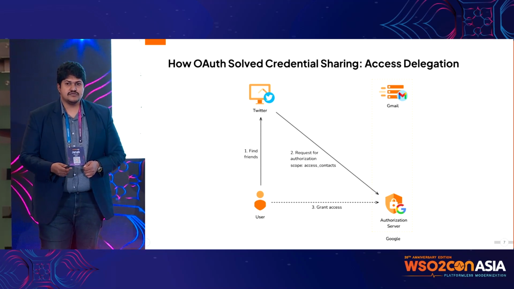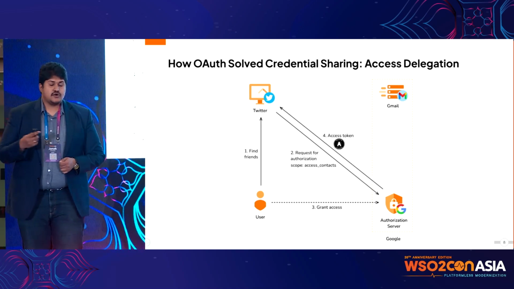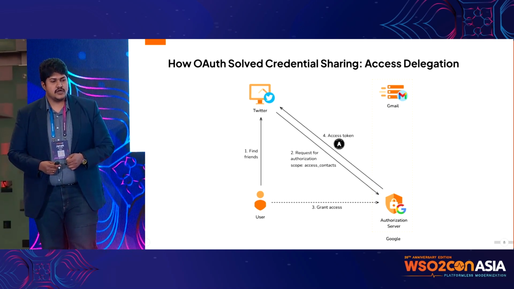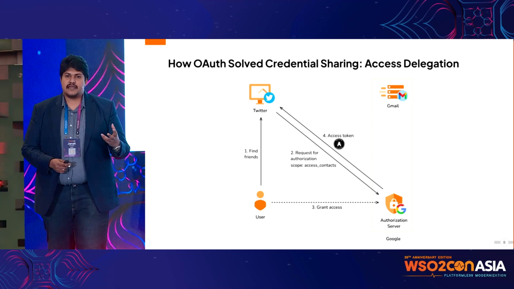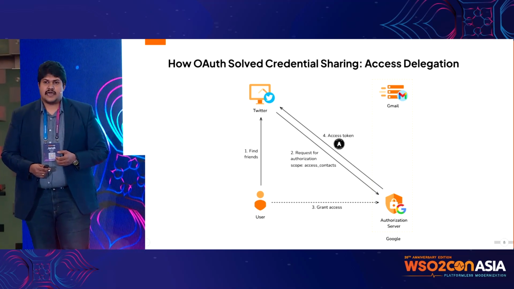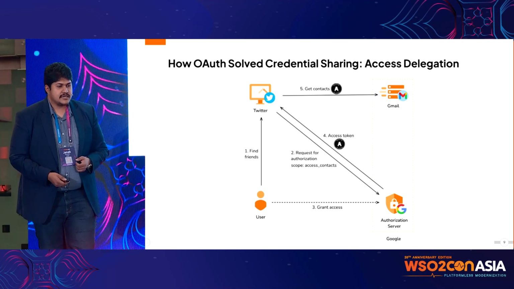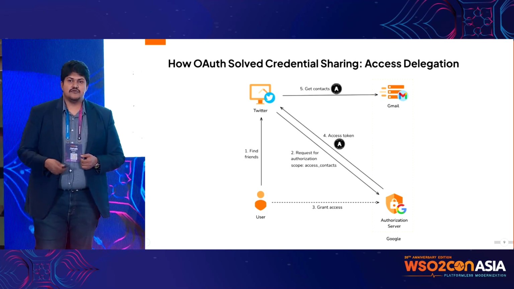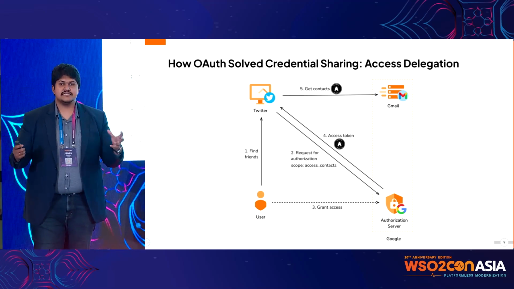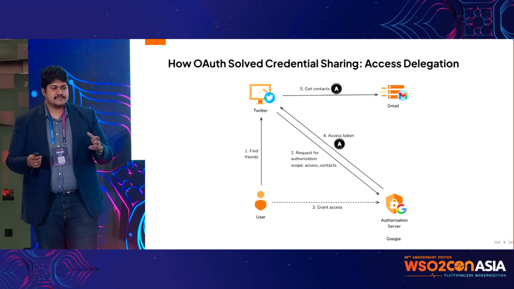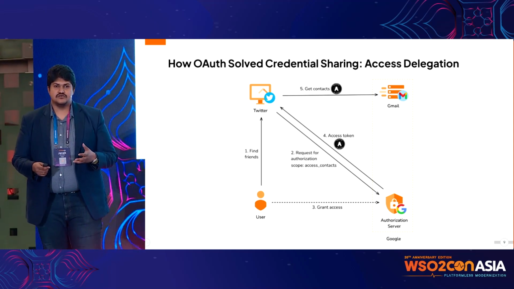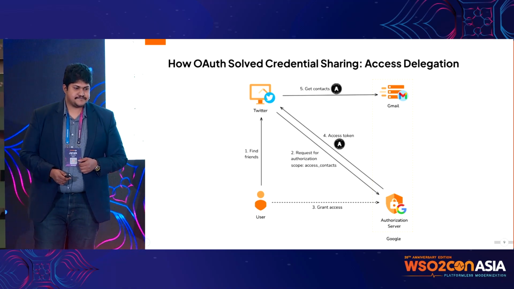And when the user grants access, Google's authorization server is going to return something called an access token to Twitter. This access token contains the user's authorization. And now Twitter can access Gmail and get the user's contacts. So this is the basics of OAuth, and this is how OAuth solves the credential sharing issue via access delegation.